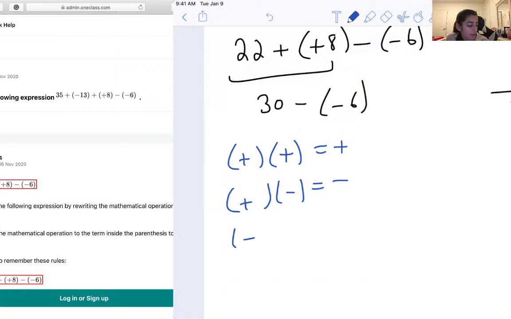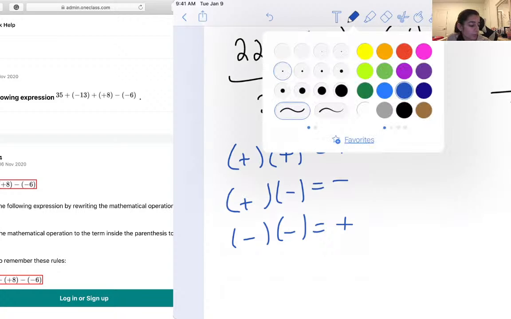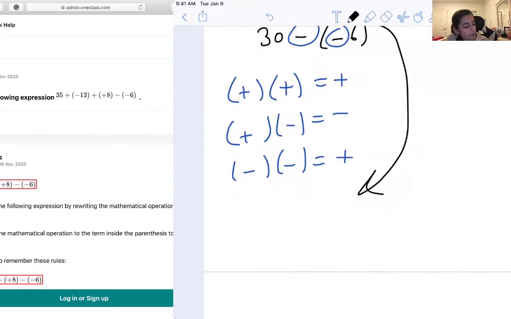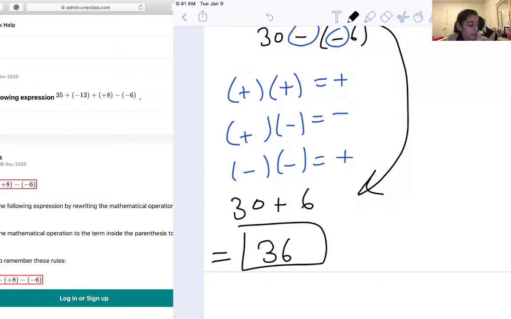When you have a negative and a negative, that equals a positive. So in this case, we have a negative and a negative. So I'm going to bring that here. So the negative and the negative is going to equal a positive 30 plus 6, and that will equal 36. So that is our final answer.